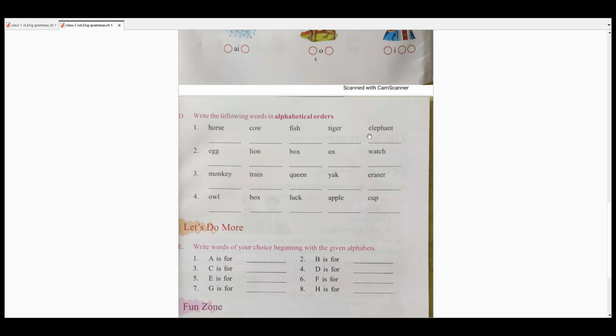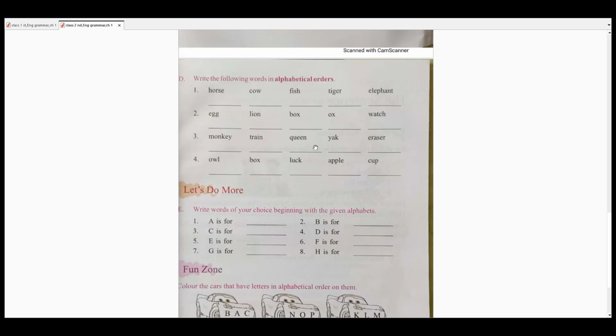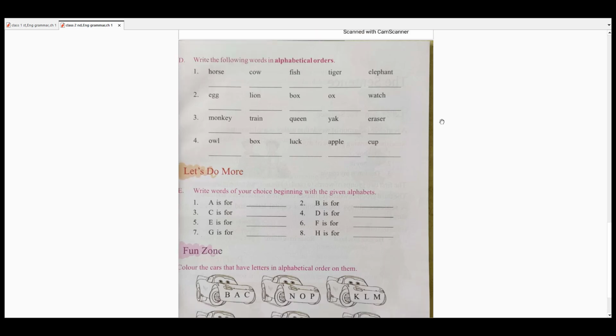After C we have E here, right? So the second word that comes after cow is elephant, because E comes after C. After that F comes, hence we will place fish at third position. The fourth position will be taken according to whatever comes next. So you have to solve these exercises by yourself.